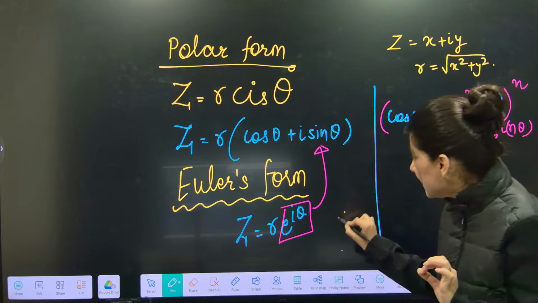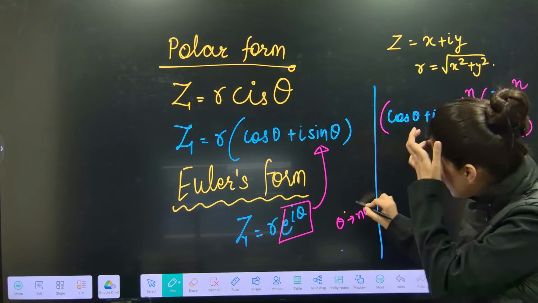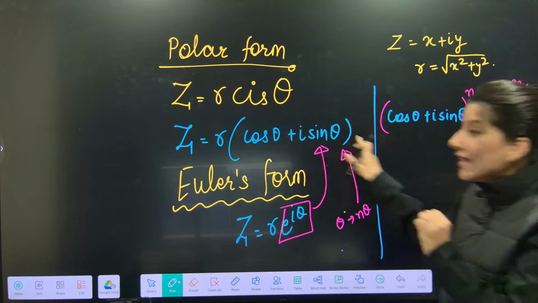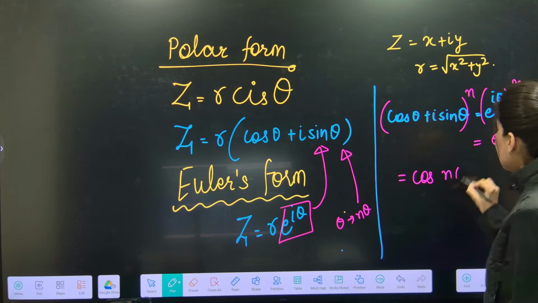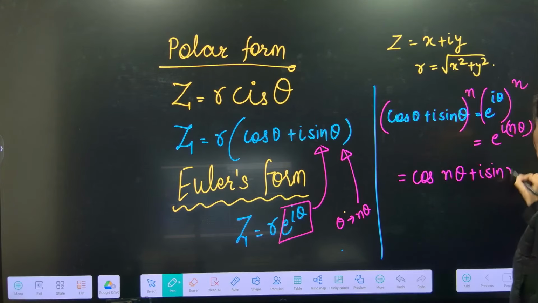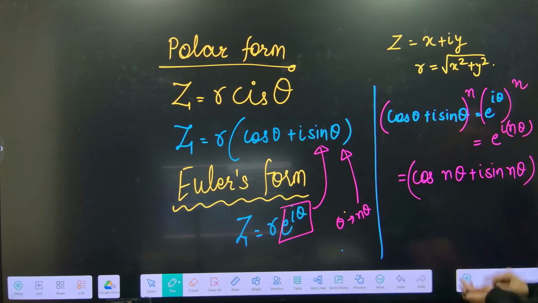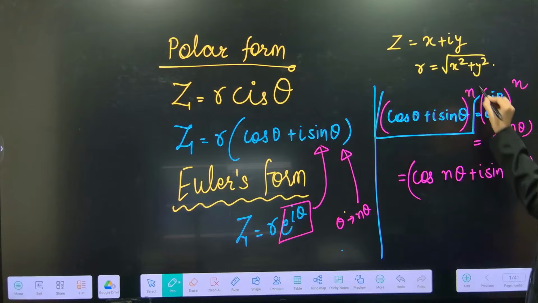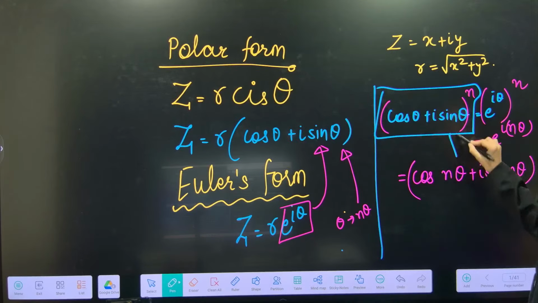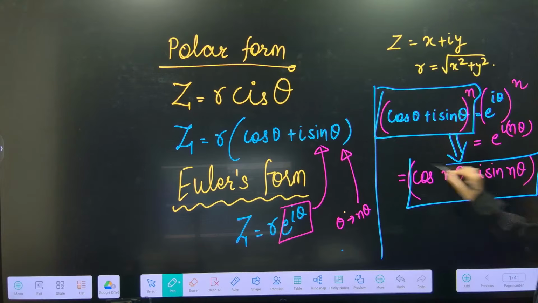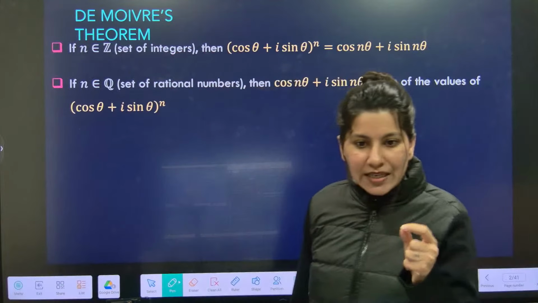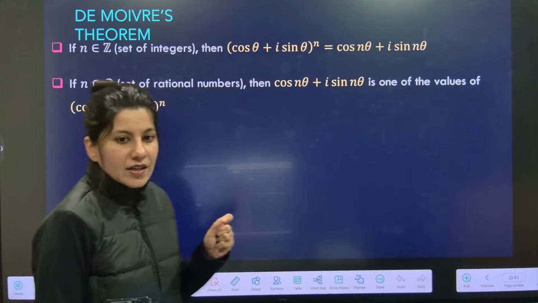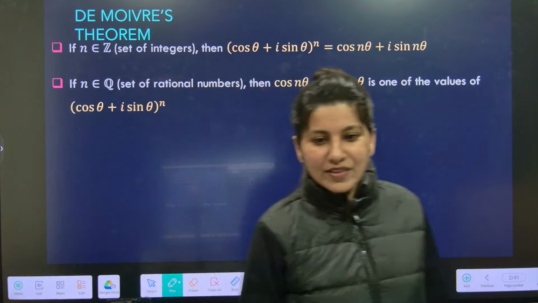If I replace theta by n theta over here, what I'm going to get is cos n theta plus iota sine n theta. So cos theta plus iota sine theta, whole power n, is actually equal to cos n theta plus iota sine n theta. That is what is written over here. Can you see what we have done?